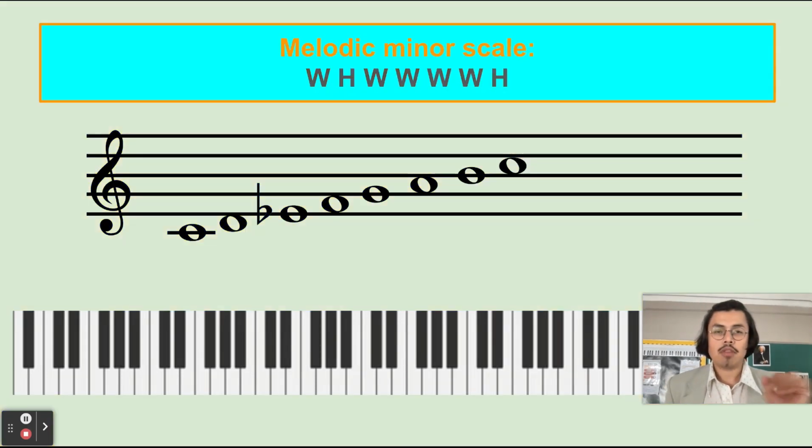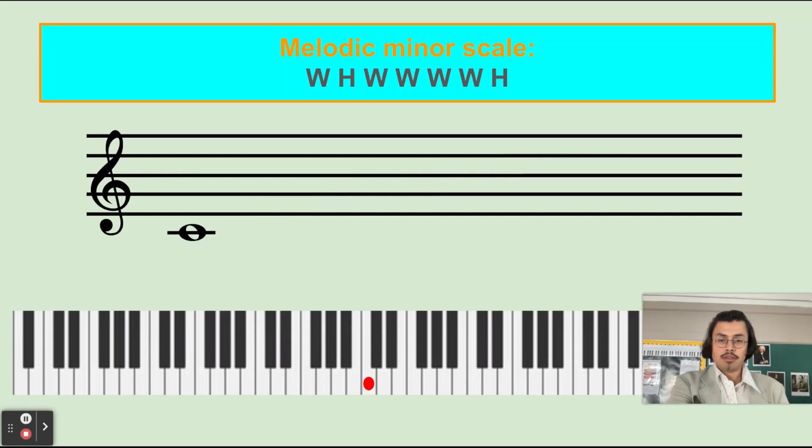Okay, now let's go into melodic minor scale. How do you build it? The whole step and half step is going to be something that you always have on a minor scale. If it's a different type of scale, the rest may vary, but that's your basis because that's what gives you the interval of minor third. Okay, so let's see how to build this.